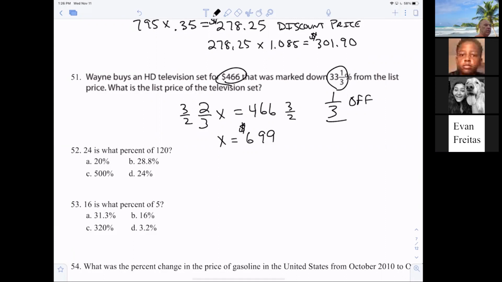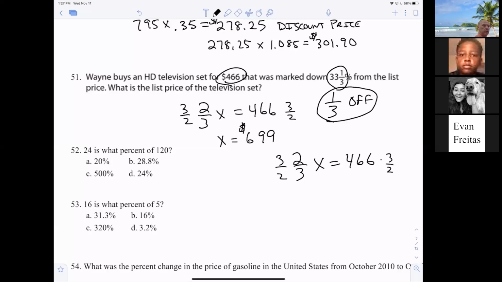Well, 33 1/3 is 1/3 off, right? So if you get 1/3 off, that means you have to pay what? 2/3. Right. So 2/3 of the original price is 466. So you do the reciprocal, 3/2. Oh. You with me on this?